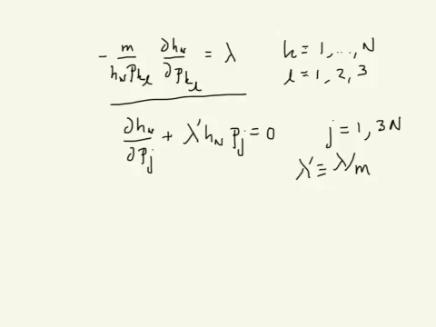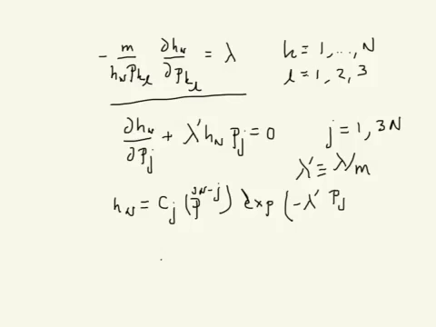Now we integrate this equation with respect to Pj to obtain first an arbitrary function of all the remaining momentum coordinates, which we could write as 3n minus j, and the integration over p sub j results in just a simple exponential, where again this first term is an arbitrary function of the remaining momentum variables.